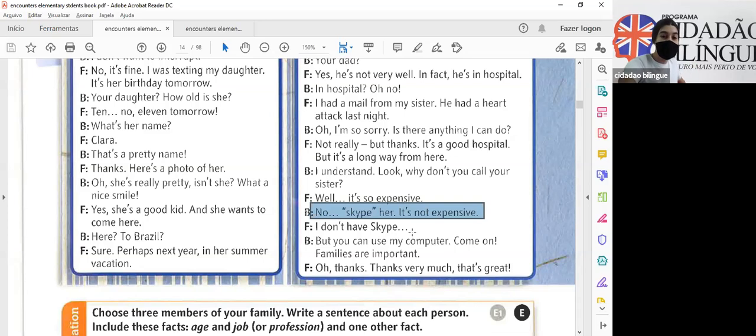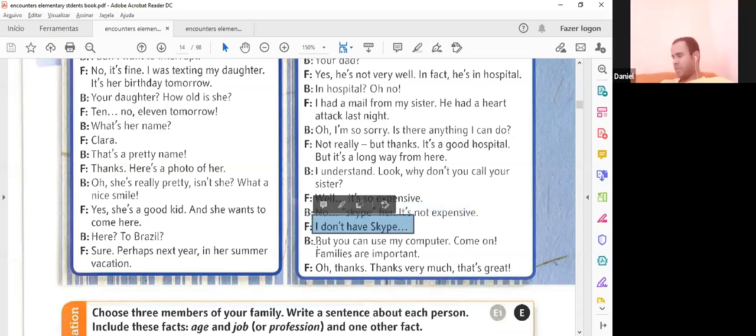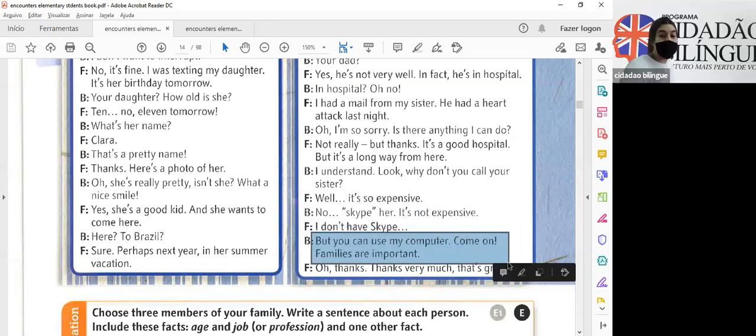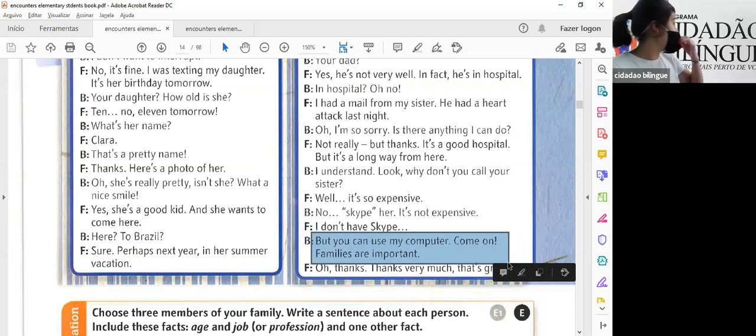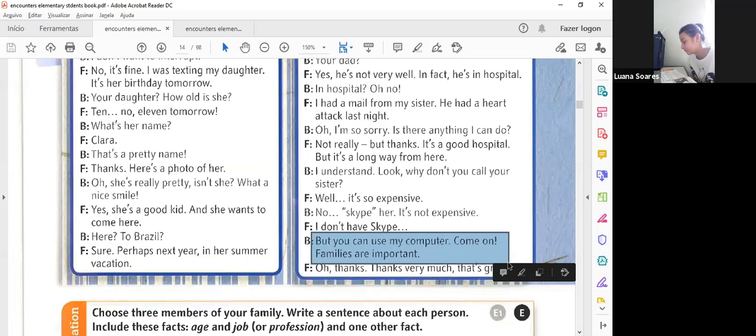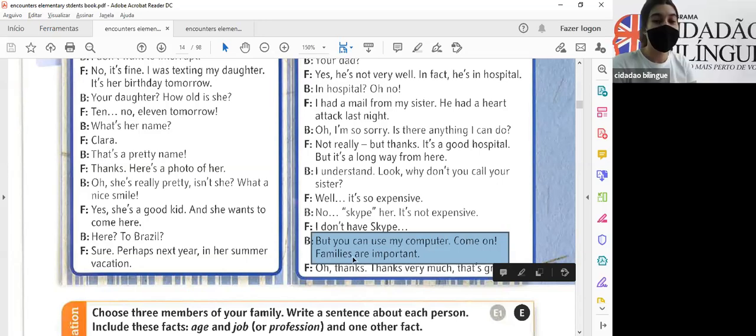But I don't have Skype. Eu não tenho Skype. But you can use my computer. Você pode usar o meu computador. Come on. Families are important.